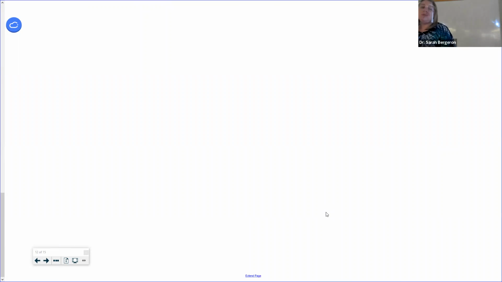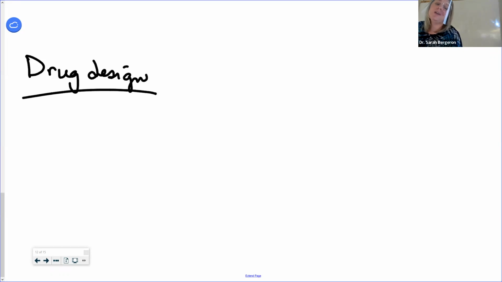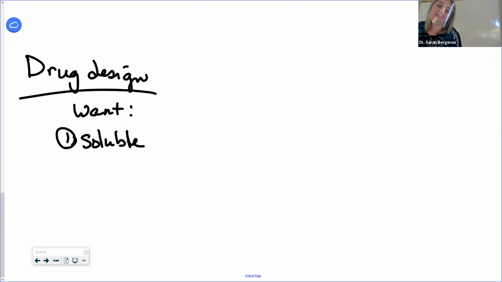So drugs are really important in drug design, because we really have two goals for our drugs. We want our drugs to be, number one, soluble. What do we want it to be soluble in?